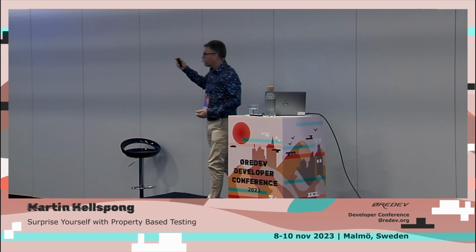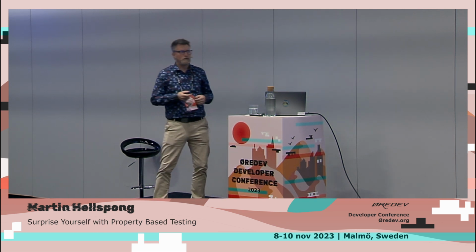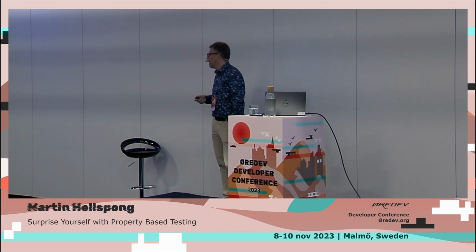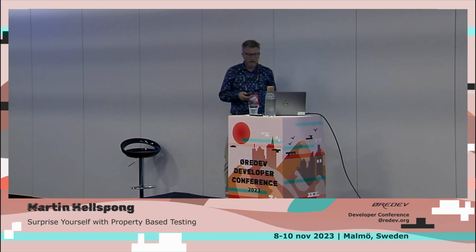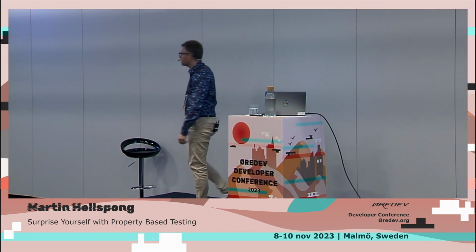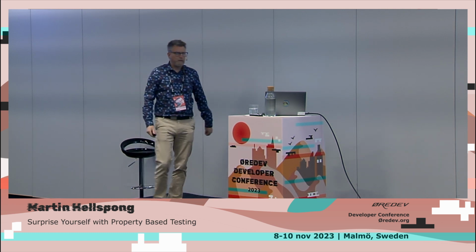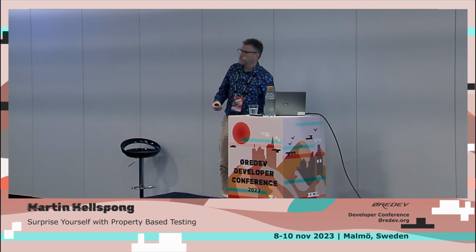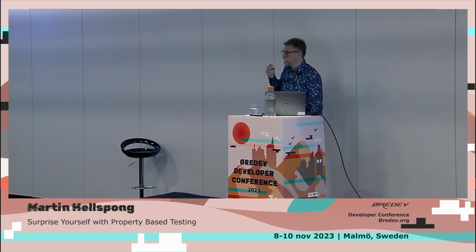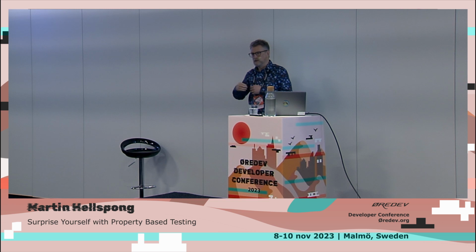Okay, so now it's a bit confusing, right? Because is this a data-driven test, an example-based test, or a property-based test? I think it's a bit of all of them. So what then is the difference? Perhaps there's not too much difference. And if you don't use any tooling, then I think this was property-based testing. But we can do better than that.